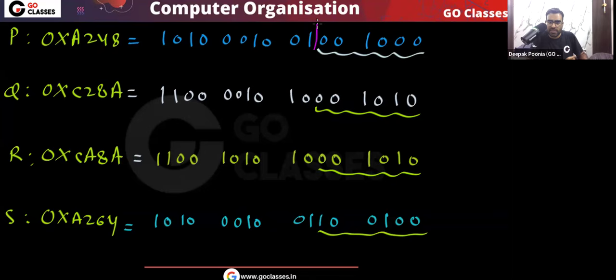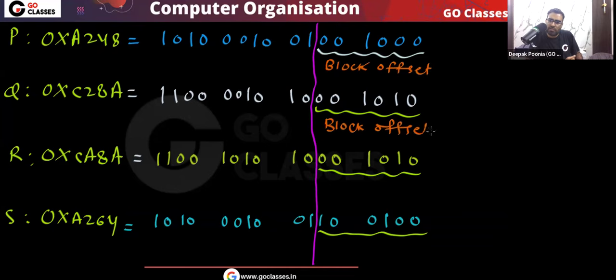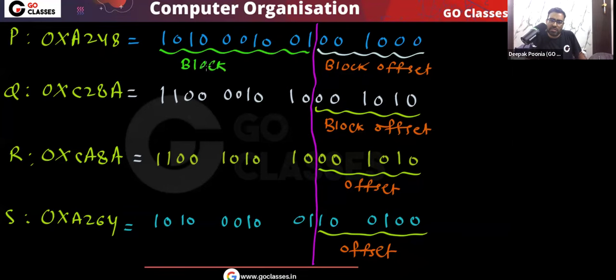In all of them, the least significant 6 bits are the block offset. And what about the remaining bits? The remaining bits are the block address, the block to which this P belongs.